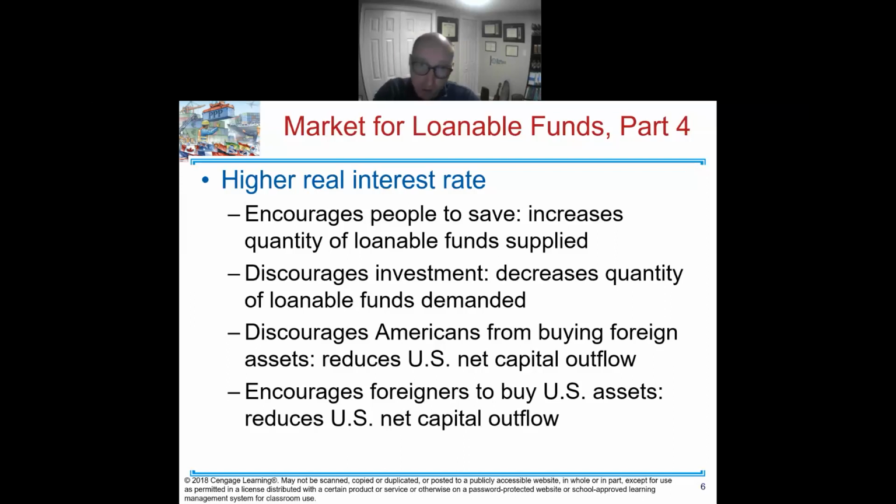With loanable funds, there's typically a higher real interest rate. Makes sense. Anytime there's a loan involved, the interest rate is going to be higher than it would be naturally, because the bank's got to make money, right? There's an encouragement of people to save, I think, because it increases the available loanable funds. Your bank might offer you an interest savings rate.